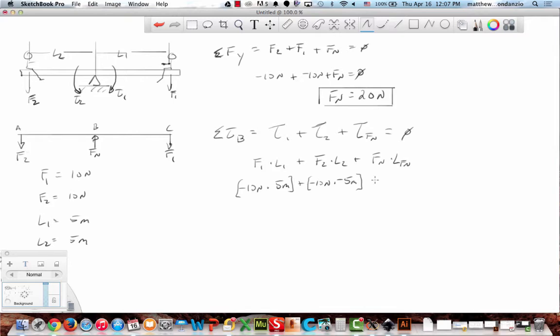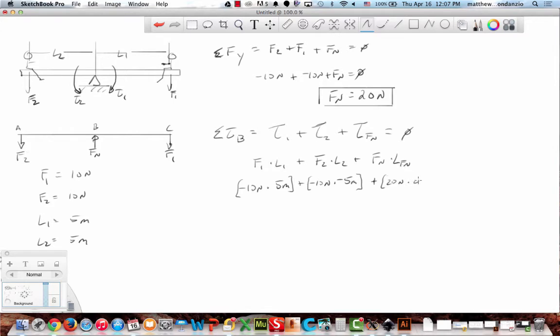Yes. Plus Fn, we actually do know that, right? It's 20 newtons. Times what's the distance between the point around which we are summing the torques, which is B, and the normal force? It's 0.